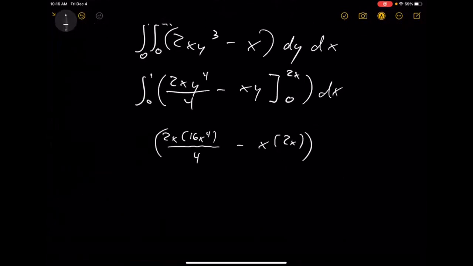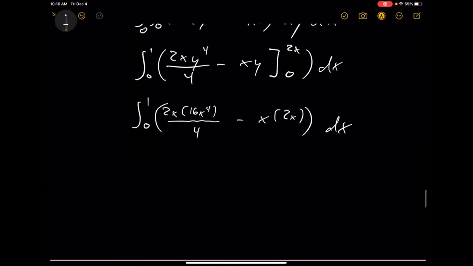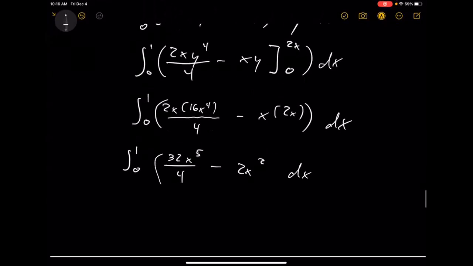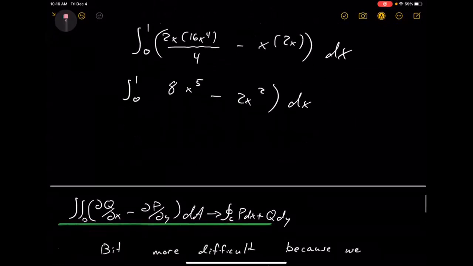And then when I plug in 0, everything's 0. Okay, simplifying. Okay, 32 over 4, that just becomes 8. So I have this integral, integrating in terms of x.